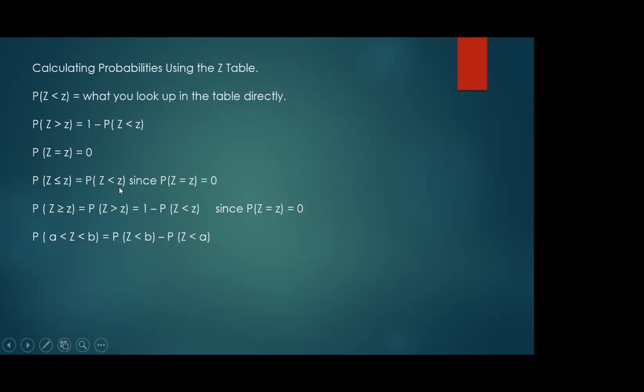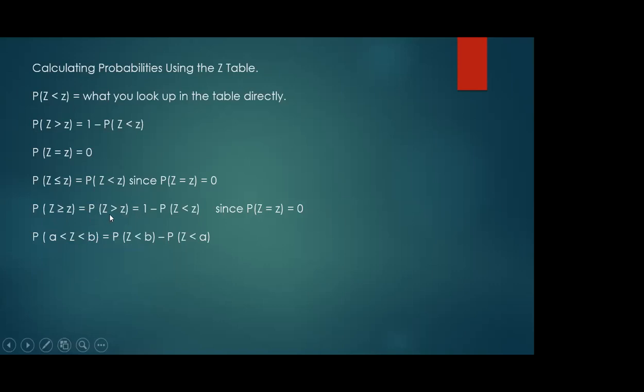And remember that normal distribution has to do with continuous variables. So we don't have to have an exact value. We can find the decimal places. That's why when the probability of Z is greater than or equal to any value, we can just write it without the equal sign.